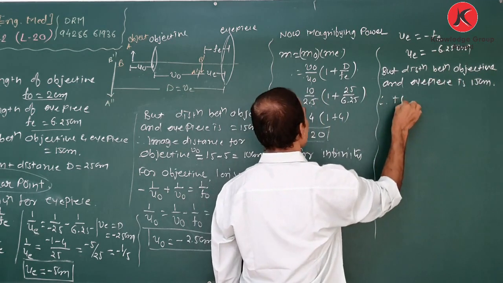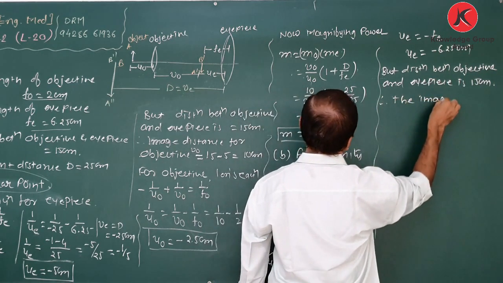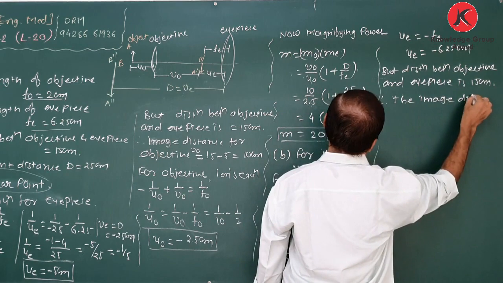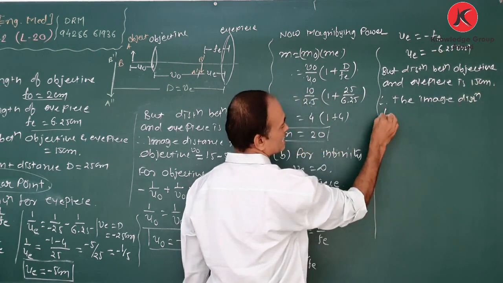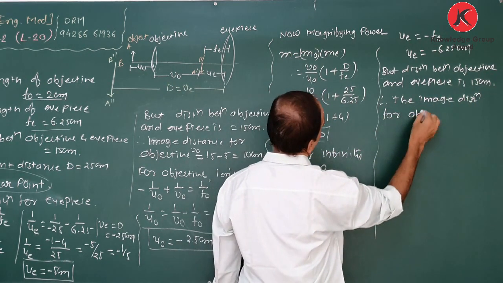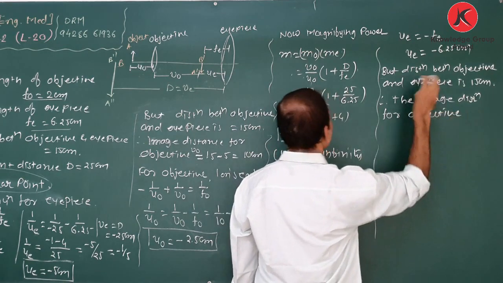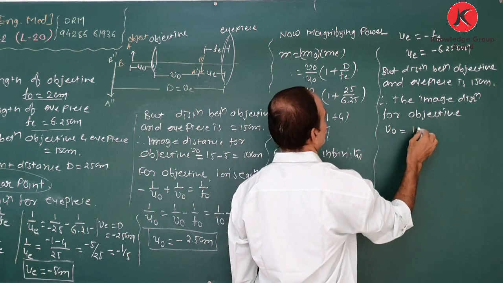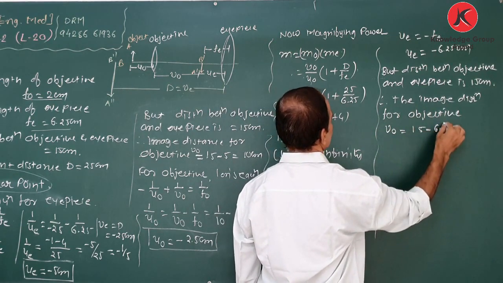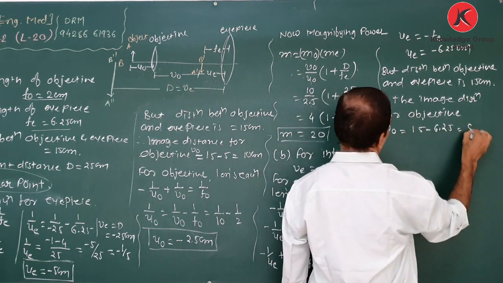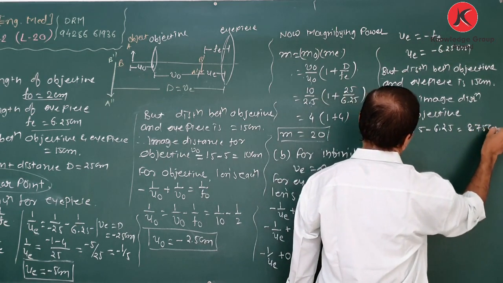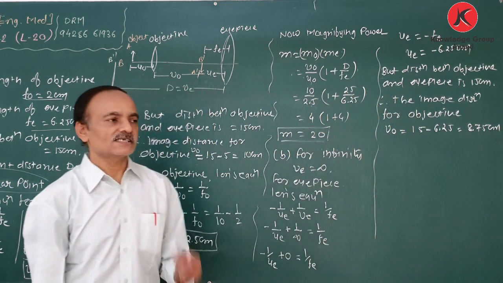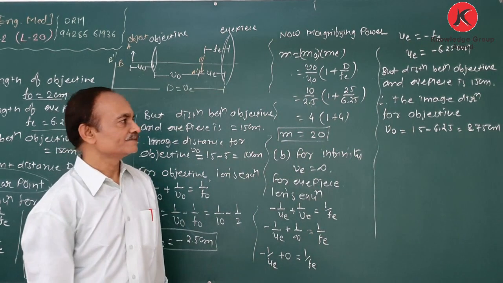Therefore, the image distance for objective is V0 is equal to 15 minus 6.25 is equal to 8.75 centimeter. Here is the 8.75 centimeter.